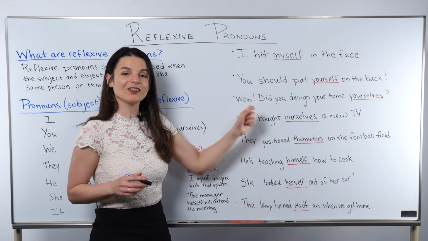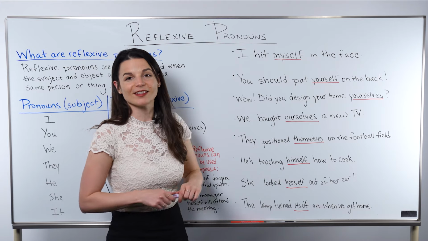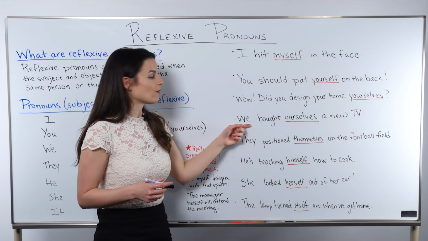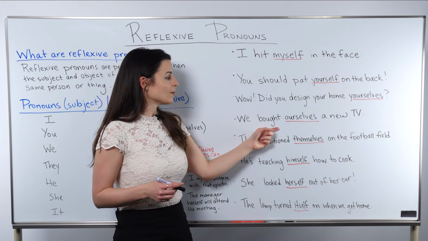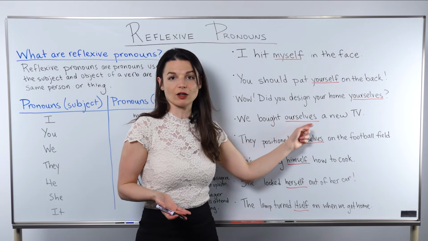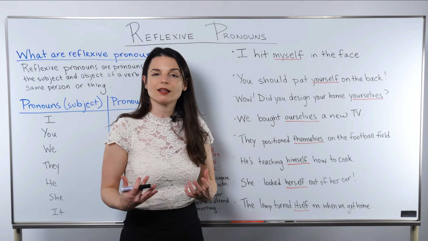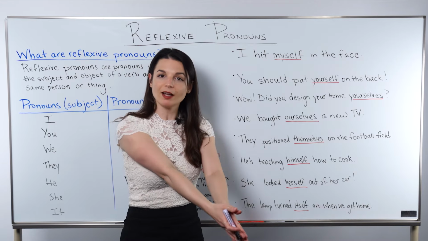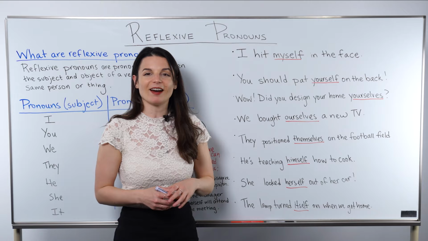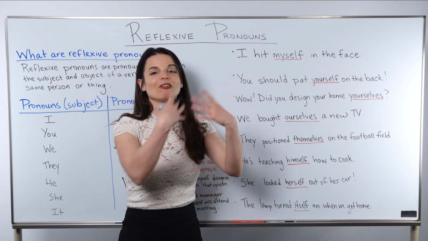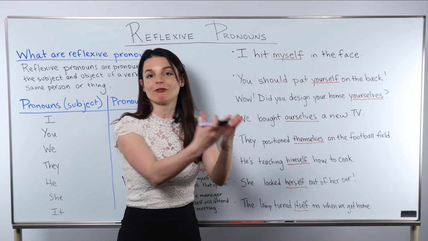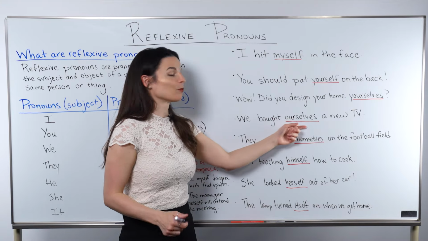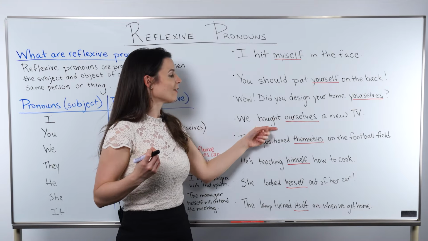We bought ourselves a TV. In this sentence, we have we as our subject, our verb is bought, and we have ourselves as the object. Think of this in a gift-giving situation. When you buy something for someone else, the sentence takes on a different pattern, right? I bought something for my friend, or I bought my friend something. The person who receives the item comes after bought.